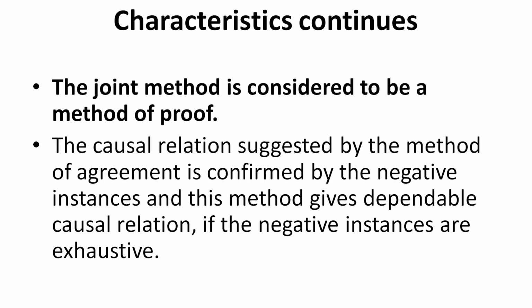So, the joint method is considered to be a method of proof. The causal relation suggested by the method of agreement is confirmed by the negative instances, and this method gives a dependable causal relationship if the negative instances are exhaustive. Now, what are the advantages?